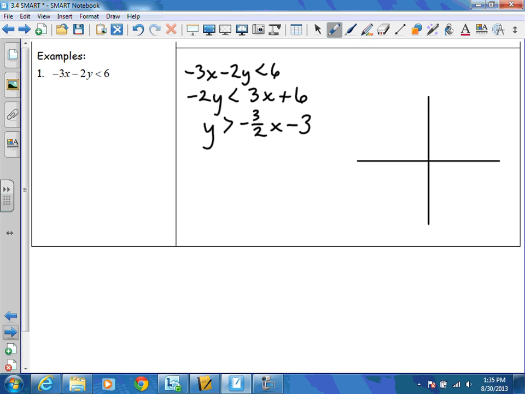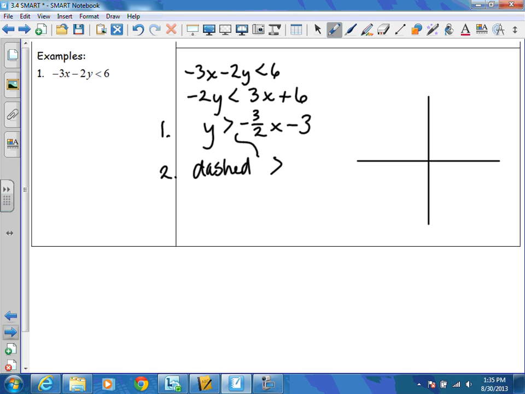All right, so let's see how you did if you could solve for y. Anybody not get that? You have a question. So that's step number 1 done. Step number 2, solid or dashed line? Dashed. Why?